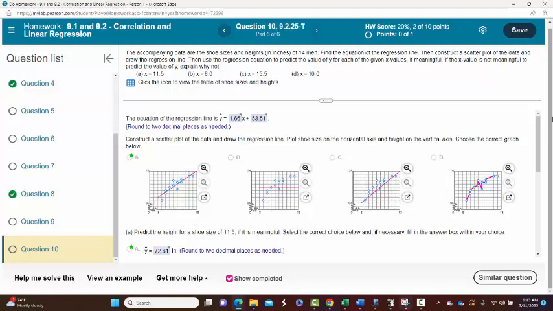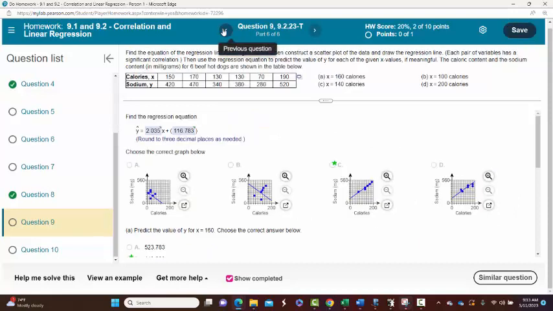It doesn't really matter. Calories and sodium. I don't know if we want to do that one or whatever. All right, we can do this one, I guess. Yeah, either one's about the same thing, so let me get rid of that.